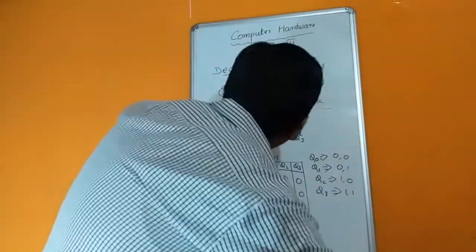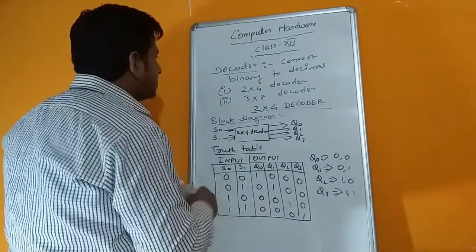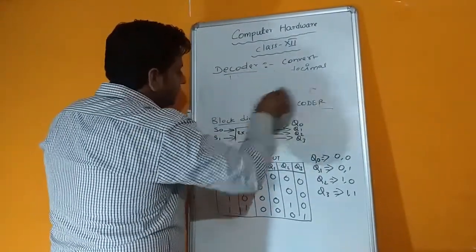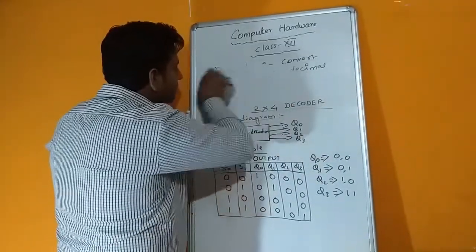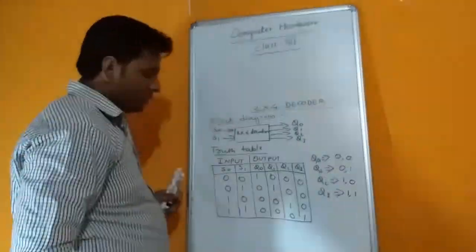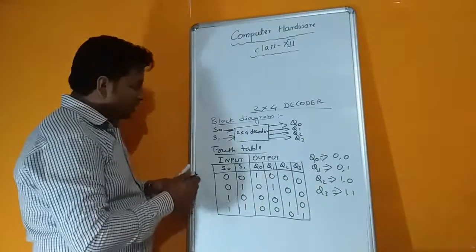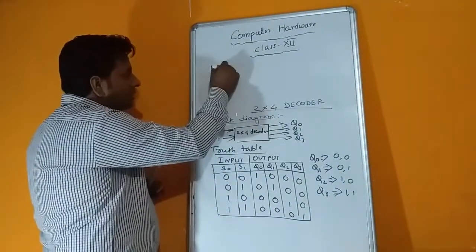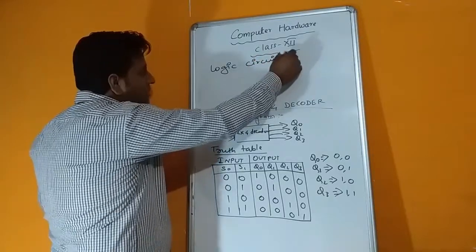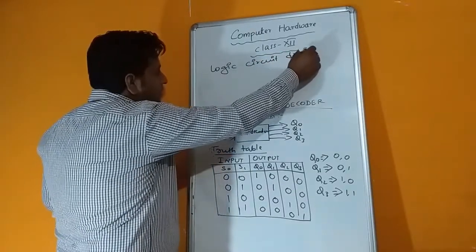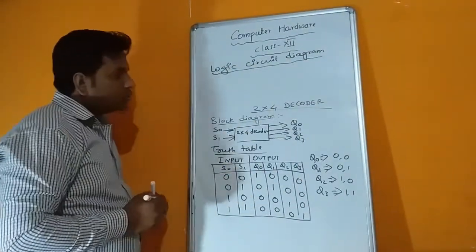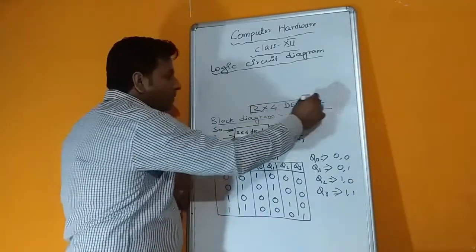So see here, how to design the circuit diagram. The logic circuit diagram for decoder 2 into 4.